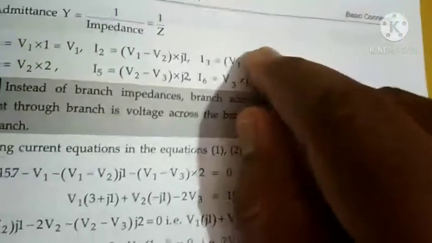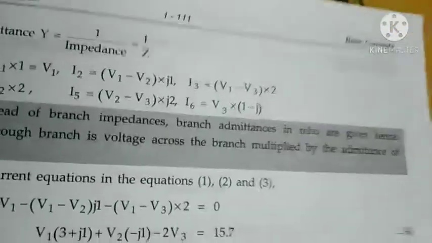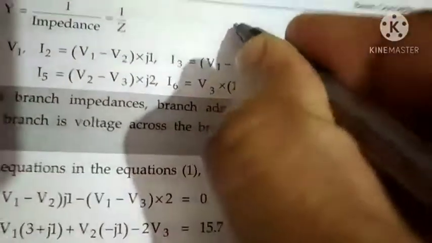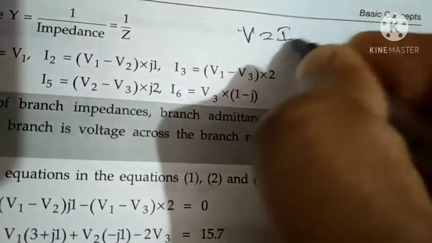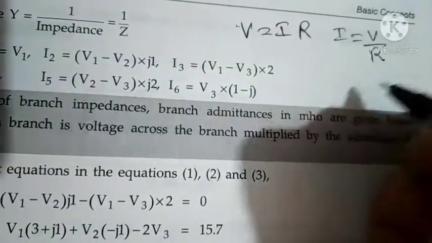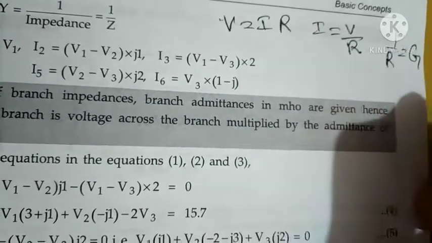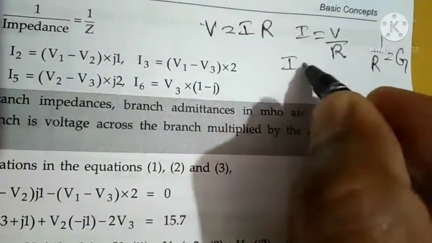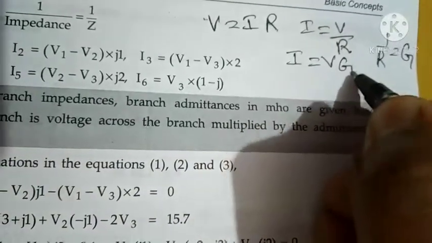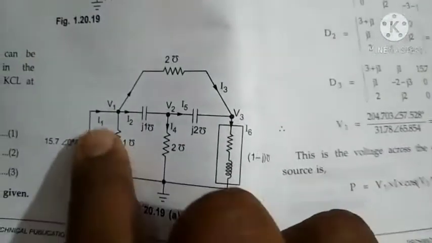In other words, we can write V is equal to I into R, so I is equal to V by R. 1 by R is nothing but G, so I can write I is equal to V into G. G is nothing but conductance. Because all the elements are conductances here, directly I can write the value: V1 into 1 will give the current through this.